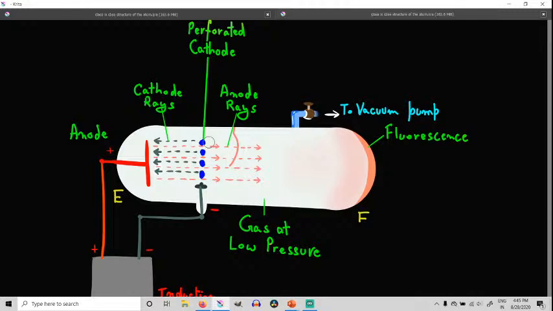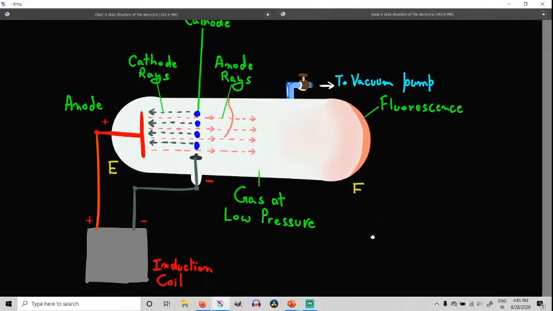And that's why the name canal rays came. What Goldstein took was also a discharge tube. We know the discharge tube is made up of hard glass, which always has two metallic plates attached. You can see one is the anode, attached to the positive terminal of the battery, and here is the induction coil.